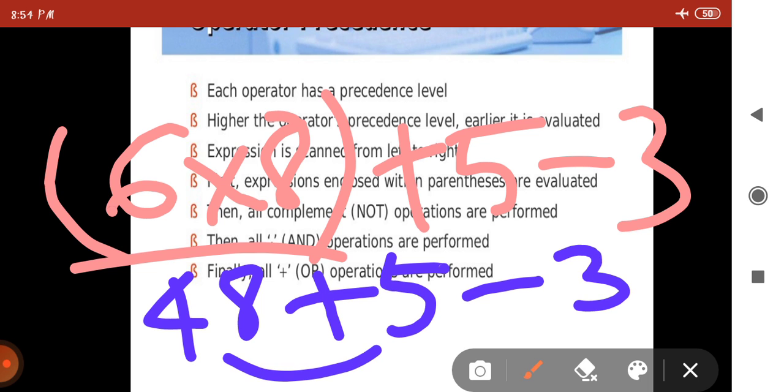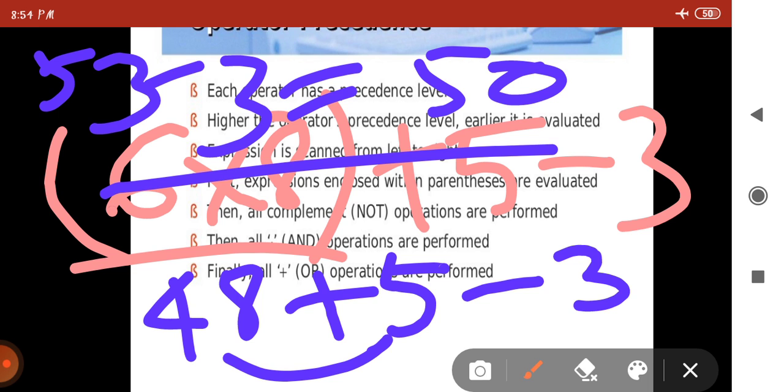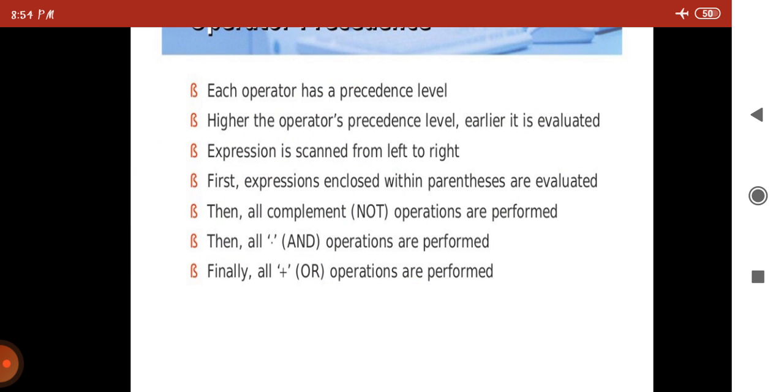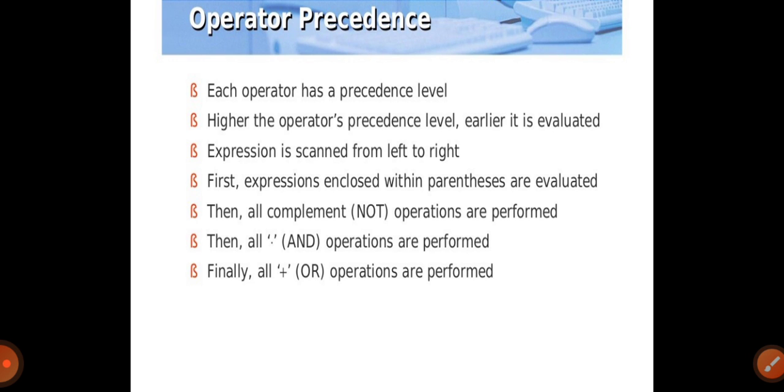Then addition: 53, minus 3, 50 will come. Like that, we apply the BODMAS rule. In the same way, we have to perform the operations by this operator precedence. In this way, we have to solve the gates.